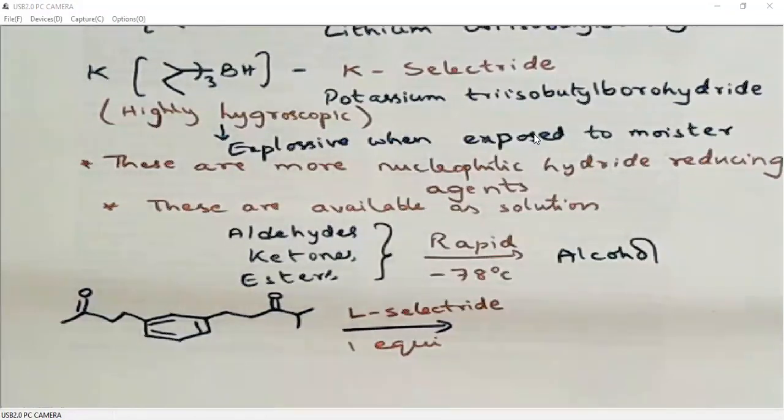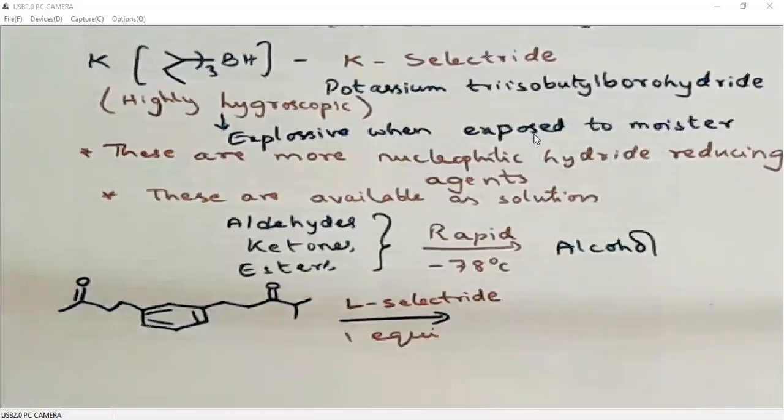Which carbonyl can be reduced very easily? One is less sterically crowded compared to the other ketone. So this will undergo reduction, whereas this is more sterically crowded. So L-selectride cannot approach this carbonyl, because of steric crowding.